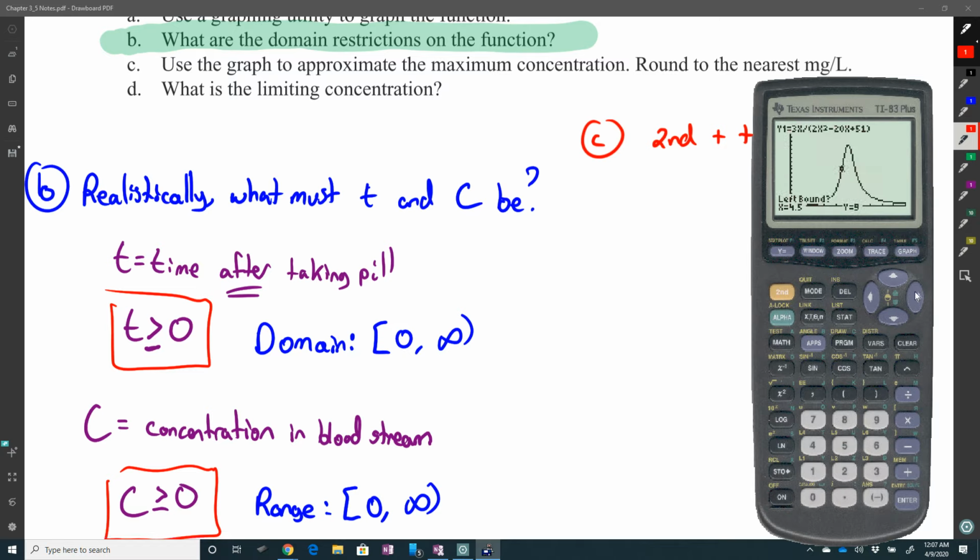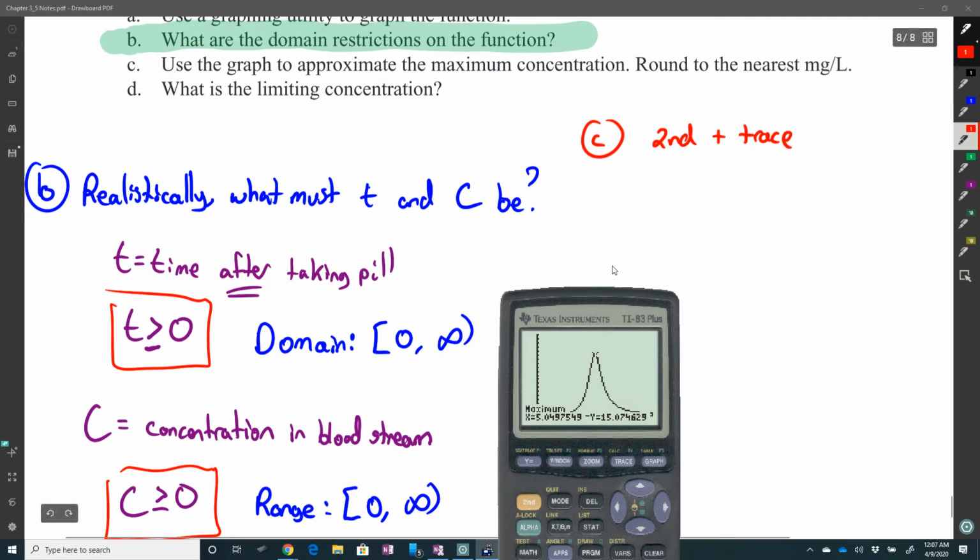Okay, you pick a point to the left of the bump. You pick a point to the right of the bump. And then basically it's doing an algorithm. The guess means just put your cursor as close as you can to the top. And there you go.